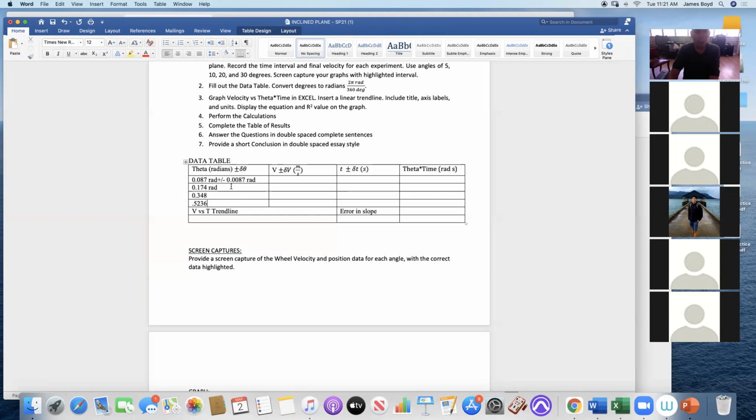They all have the same error because they're all done with the same protractor that has the same resolution of 1 degree. What I've done though is converted, using 2 pi rad over 360 degrees, my 5 degrees, 10 degrees, 20 degrees, 30 degrees to radians.